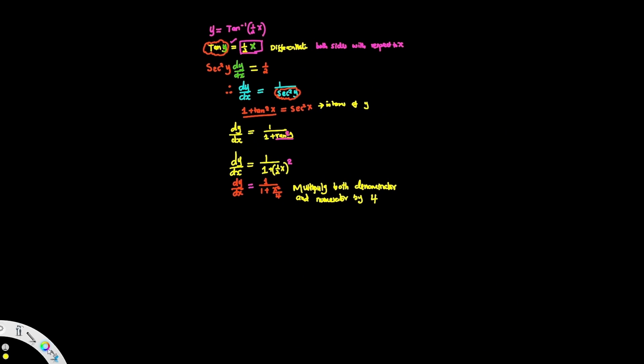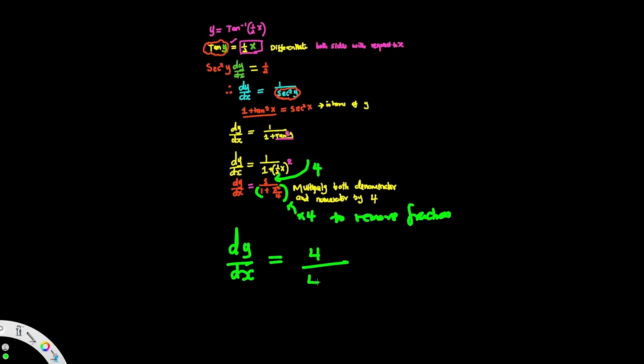Now, if you open the brackets, you are going to have dy/dx equals 2 over 4 plus x squared. And whatever we have now is the derivative of tan inverse half x.